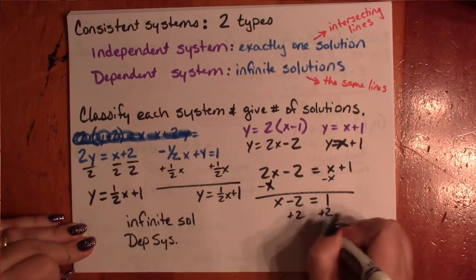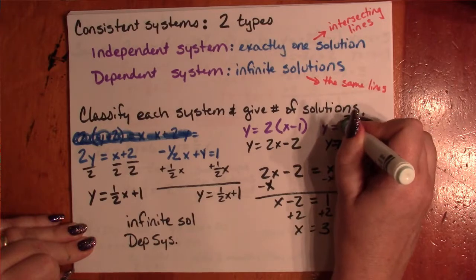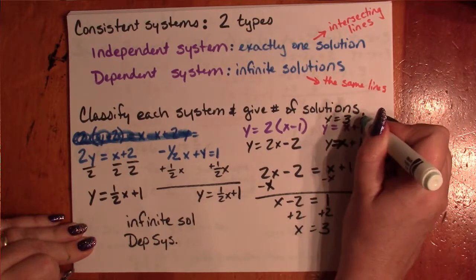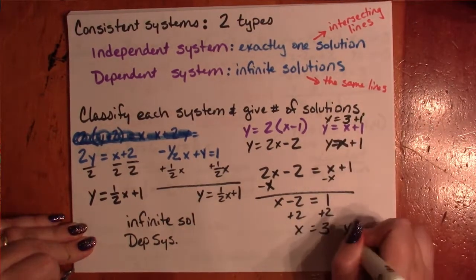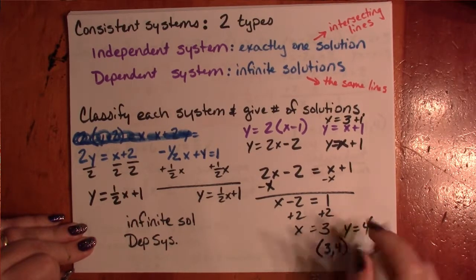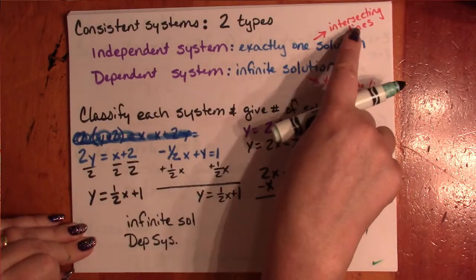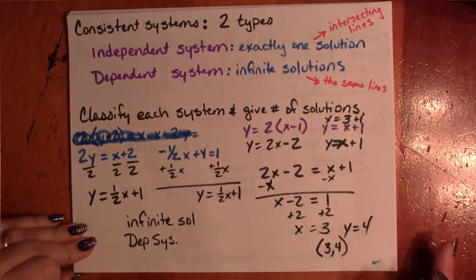Plus 2, x equals 3, and when I stick x equals 3 in here, y equals 3 plus 1, so y equals 4, and my solution is (3, 4). That makes this an independent system because there is exactly one solution, because these are intersecting lines.